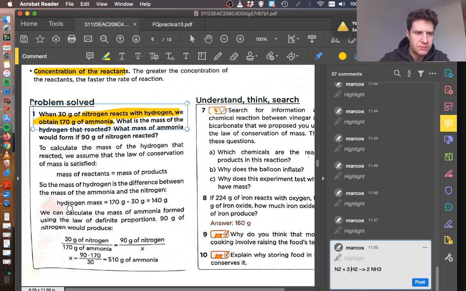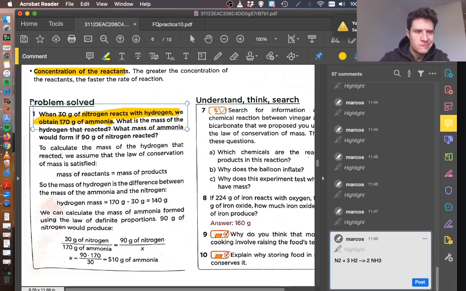So we have that nitrogen is 30 grams, plus hydrogen, well, we don't know, is 170 grams. Simple as that.